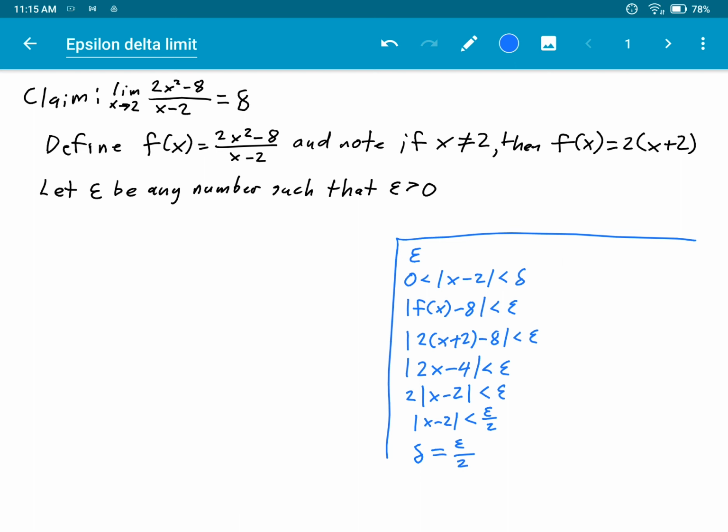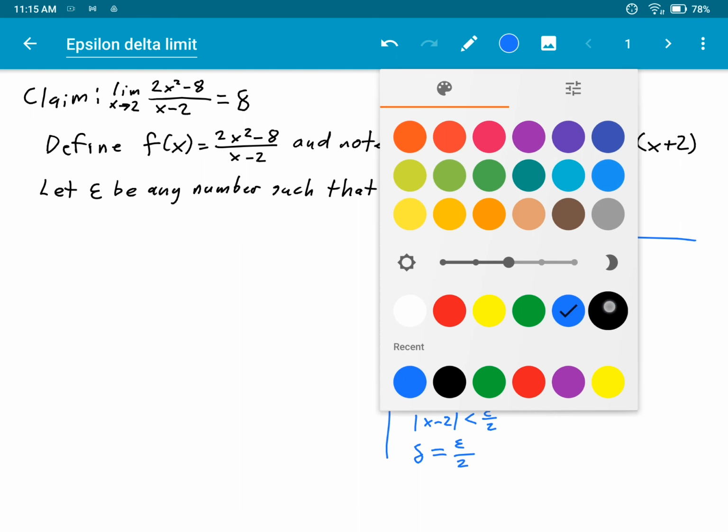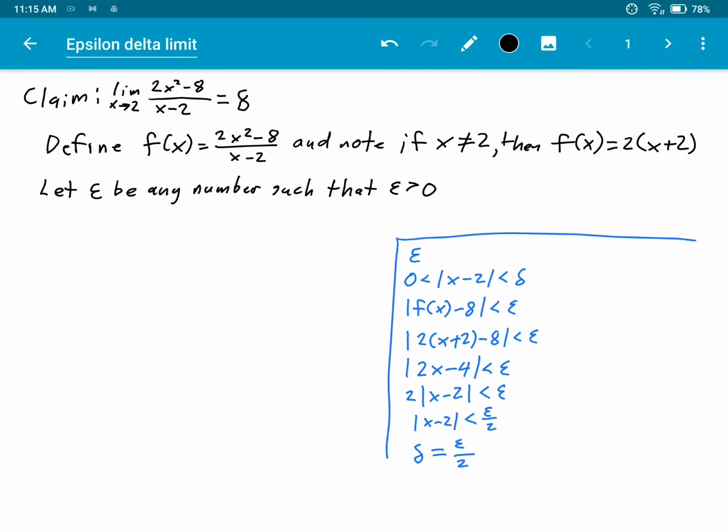So now we are ready to prove the limit. So we let delta equal epsilon over 2.